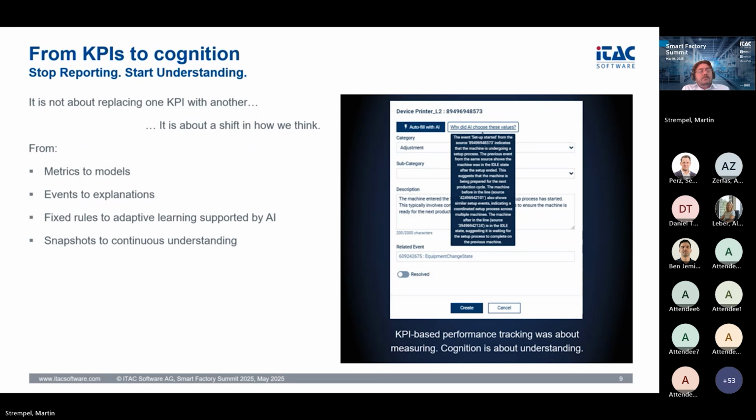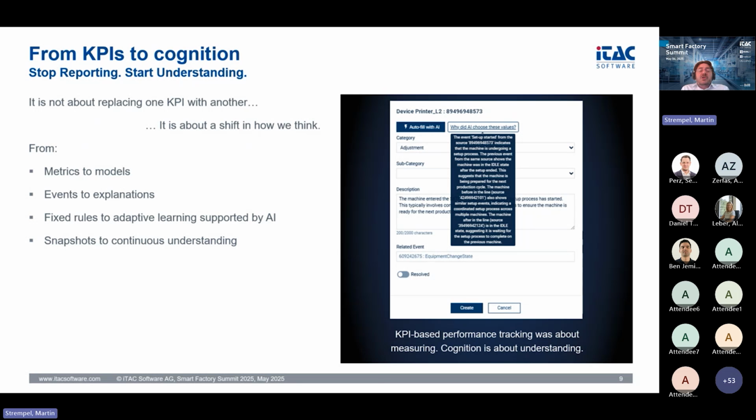So, what is the alternative, you might be asking? This is not just swapping one KPI for another. It's a cognitive shift that is happening in industry at the moment, and I'm really excited about what's going on. We're moving from measuring the machines to modeling the systems when it comes to performance management.